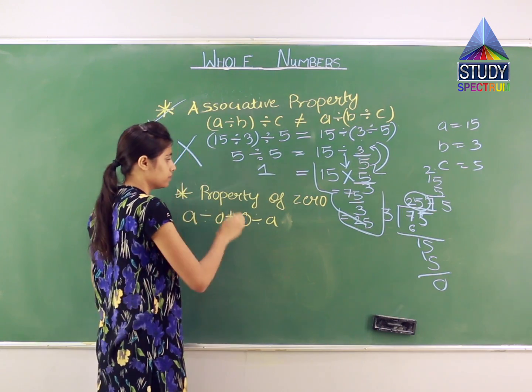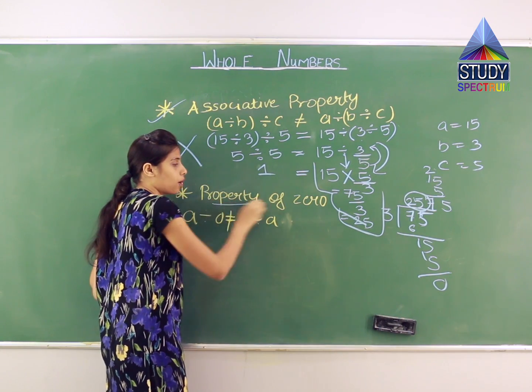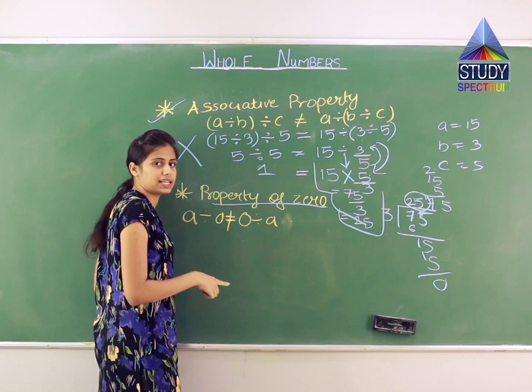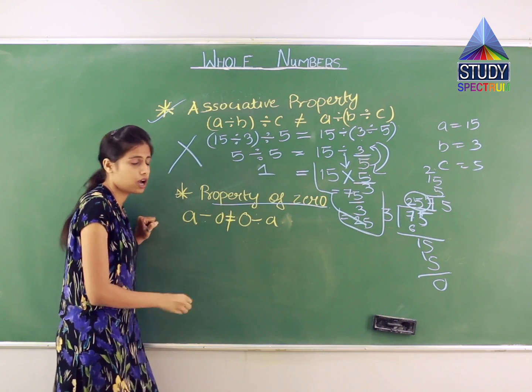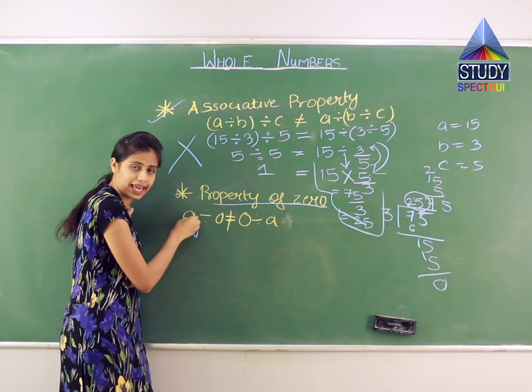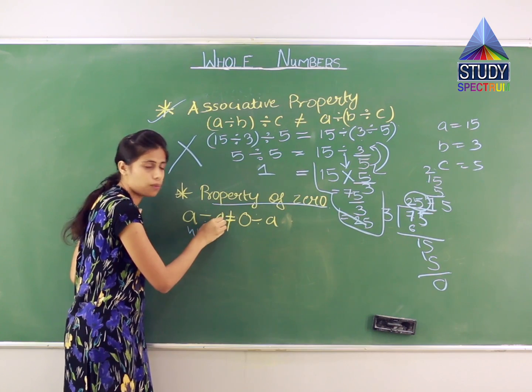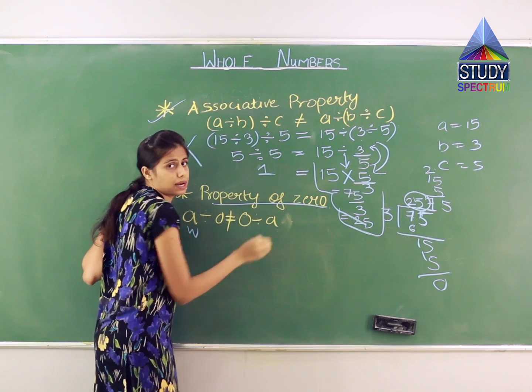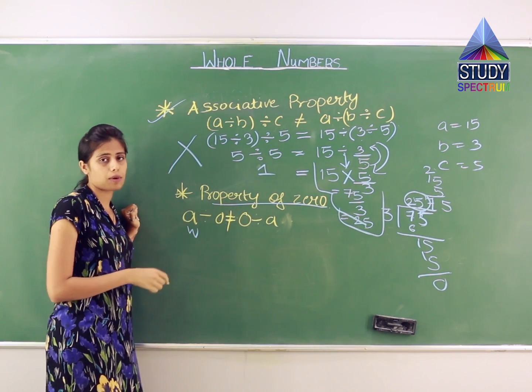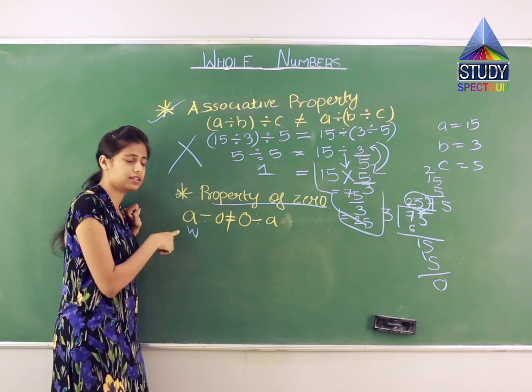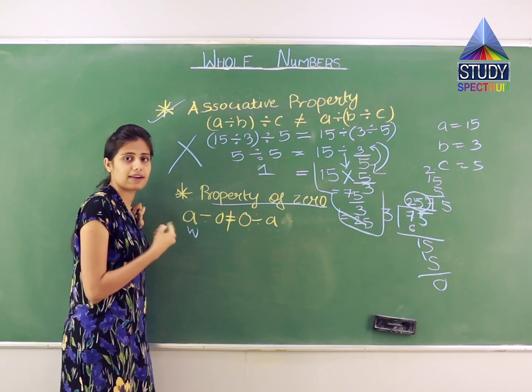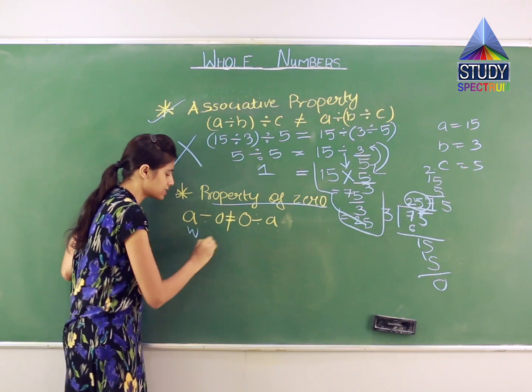Now let us check the other property, which is the property of 0. What does this property say? This property says that a whole number, which is over here a, divided by 0 is not equal to 0 divided by a. Let us check this property by replacing a with a number, suppose 7.